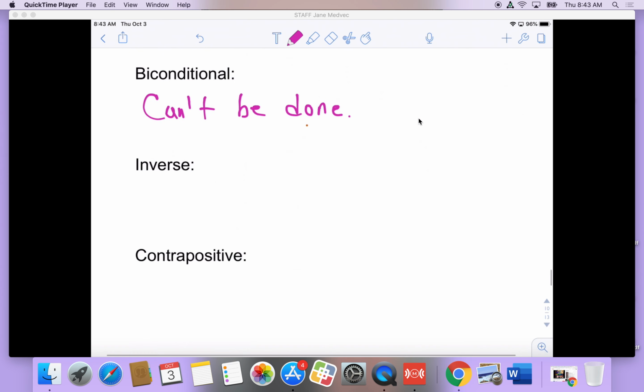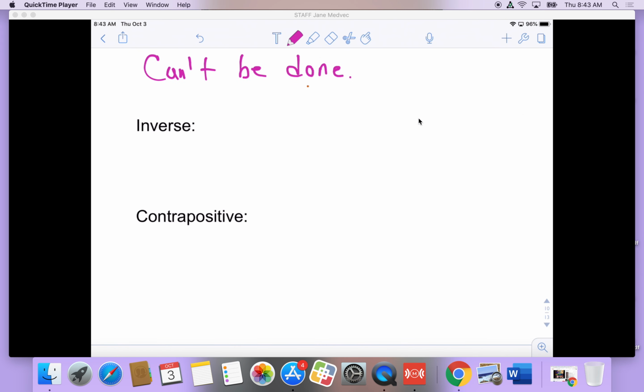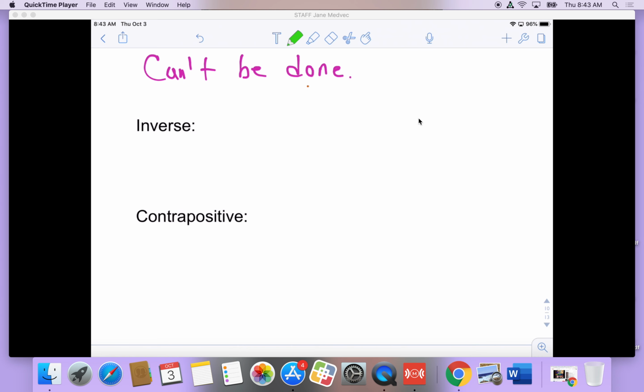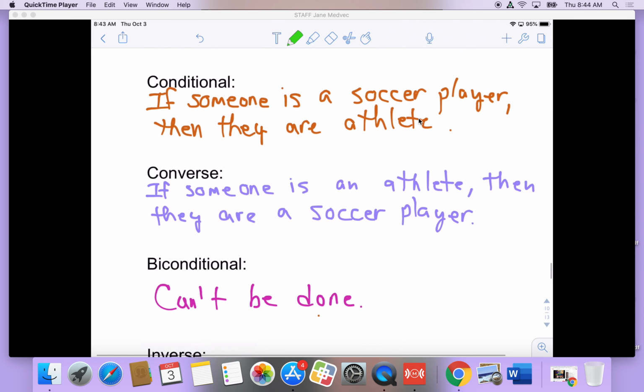We're going to do the inverse. So if I do the inverse, what am I going to do? What's the inverse? Break the conditional, just negate it. And negate it, right. So you're going to go back to the conditional and you're going to negate it. Okay? So I go back up here.